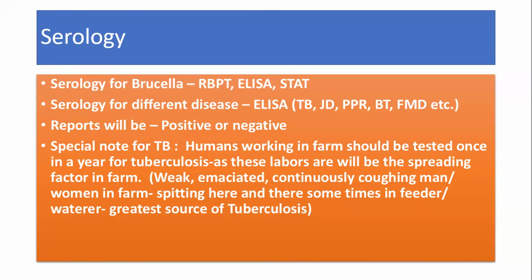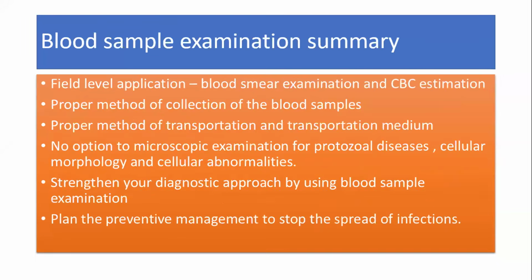Ultimately they can contaminate the surroundings, and the flies present over there can contaminate feed and water, and likewise tuberculosis gets spread, and ultimately we have to kill all the animals if they have tuberculosis.